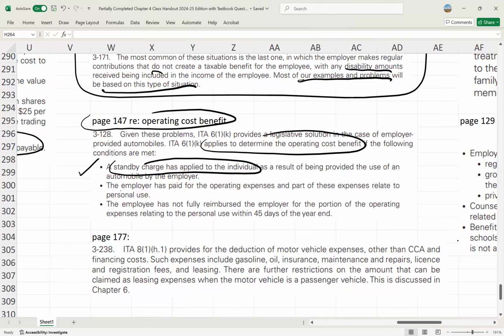The employer has paid for the operating expenses, and part of the expenses relate to personal use. This one condition is not met because the employer did not pay for the operating expenses, Tanya did. So in this case, the operating cost benefit would not apply because the employer did not pay for the operating expenses, Tanya did. So there will be no operating cost benefit in this case. Any questions about that?